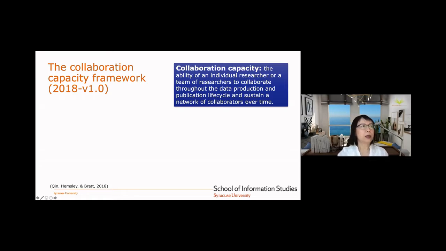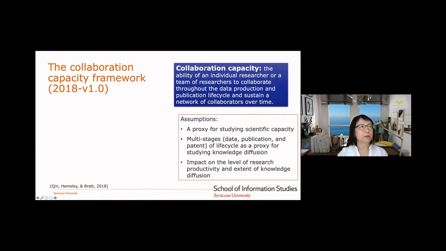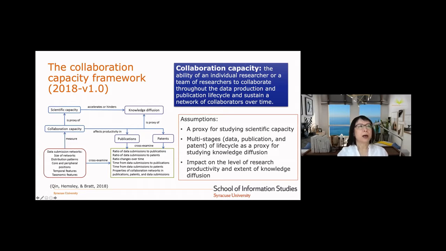In the research process, we developed a new concept. We call it collaboration capacity, which is defined as the ability of an individual researcher or a team of researchers to collaborate throughout the data production and the publication lifecycle and sustain a network of collaborators over time.